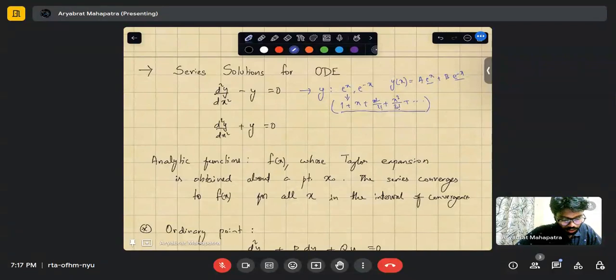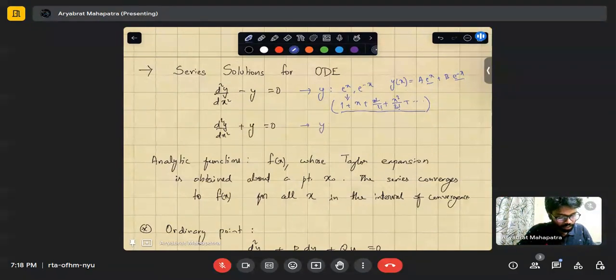Overall, we always get a solution of the series form. That is inherently already existing. When you solve a differential equation, you get some form of polynomials, some higher order polynomials, and so on.